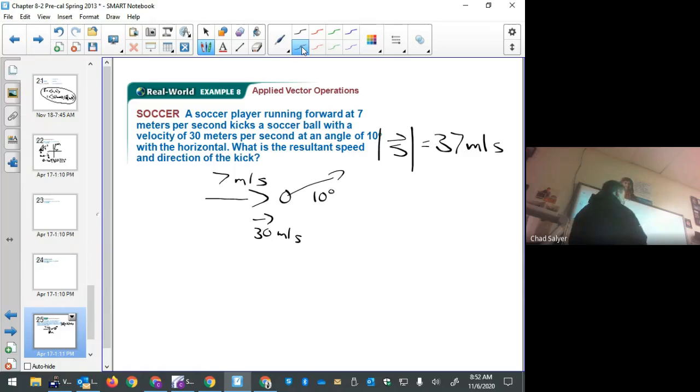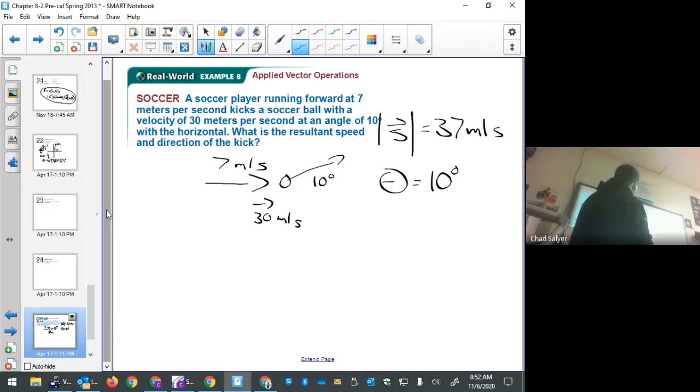That would be pretty unbelievably fast. And then our angle is 10 degrees. So they want to know the speed and direction. Well, that would be the way to describe it. I wonder if they're looking for anything else. I guess that's it. Kind of trivial.